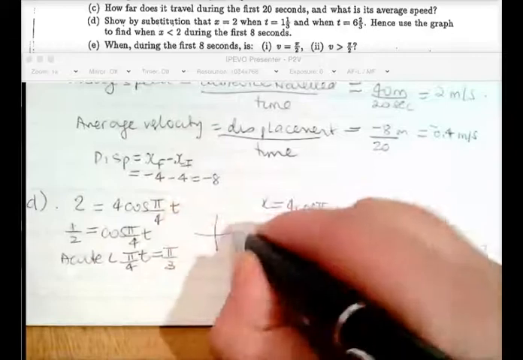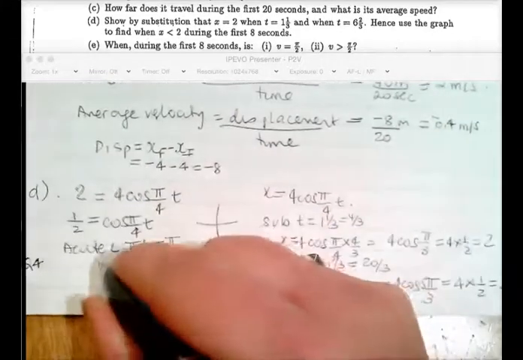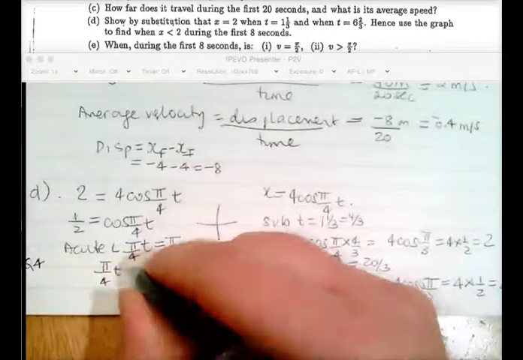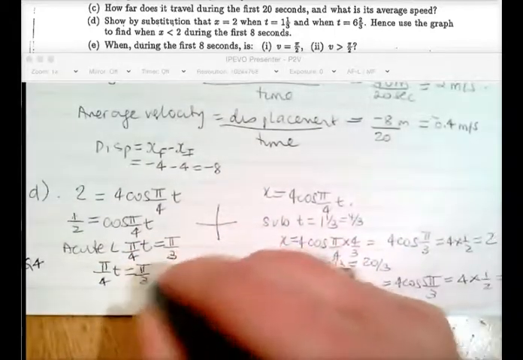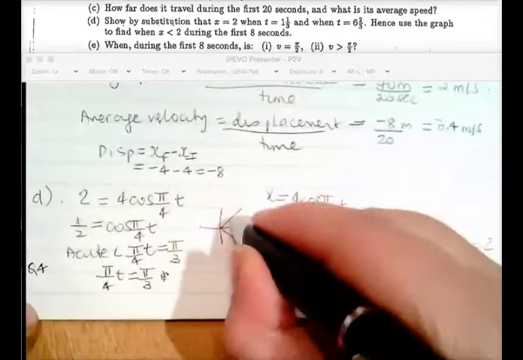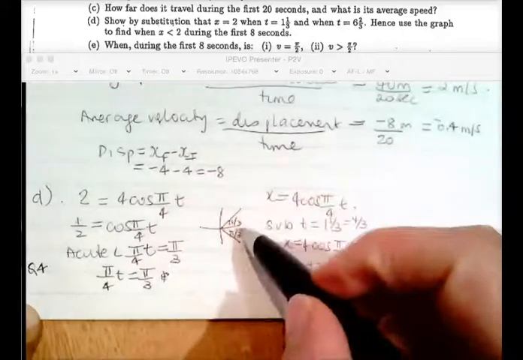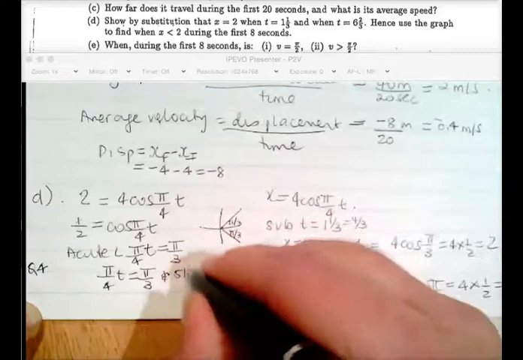And we know that we're in quadrants 1 and 4. And so therefore pi on 4t is just this pi on 3, and if that angle there is pi on 3, then this angle here in quadrant 4 is 5 pi on 3.